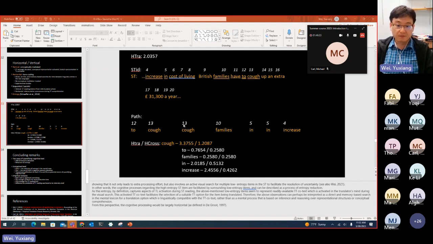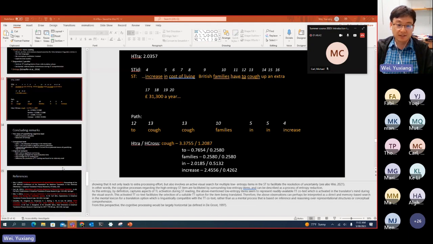So from that perspective, perhaps we can interpret the cognitive processing as largely horizontal, or at least there is existence of horizontality to a considerable extent. I'm not really saying that this is absolute, but it might shed light on how we look at the horizontal versus vertical processes.